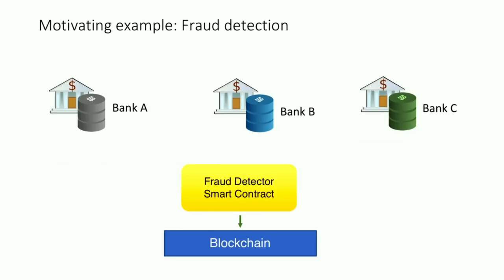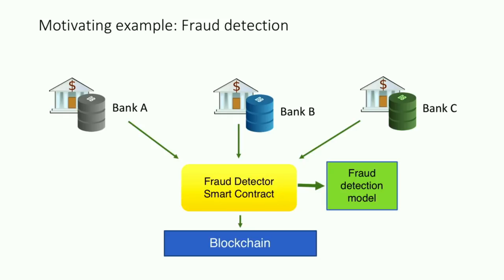This is an example where blockchain can help, and in particular, a new type of blockchain technology, such as the one we are developing, where we can develop a smart contract, in this case, a fraud detector smart contract that runs on top of the blockchain. The different banks can each contribute data to the smart contract.